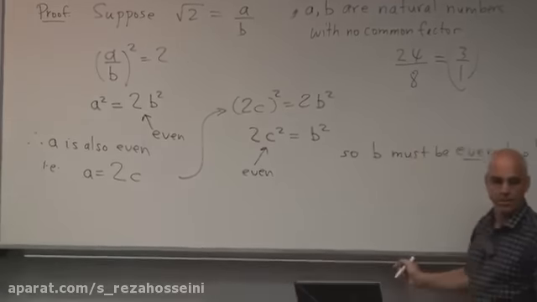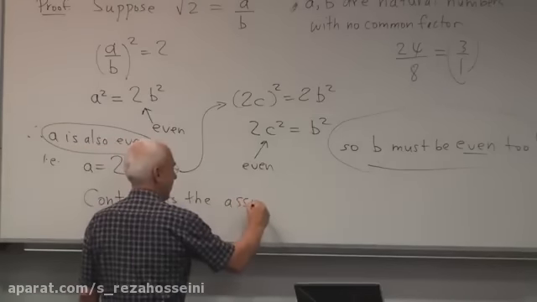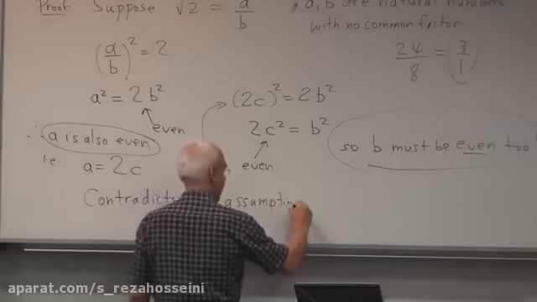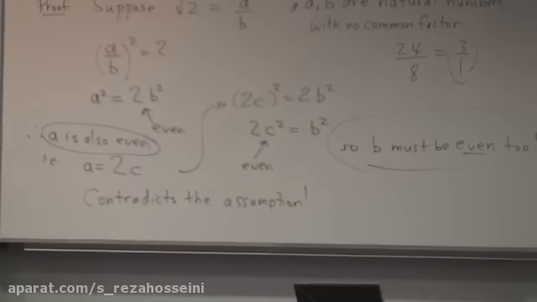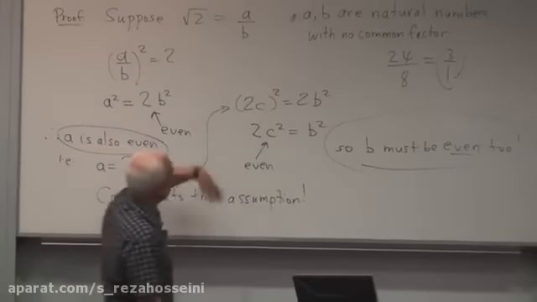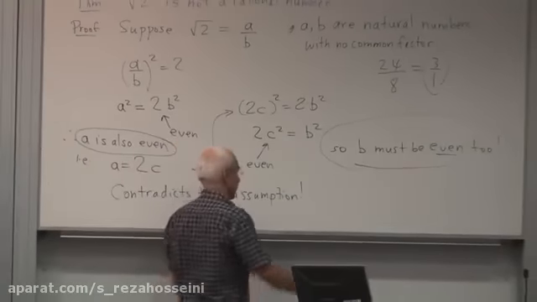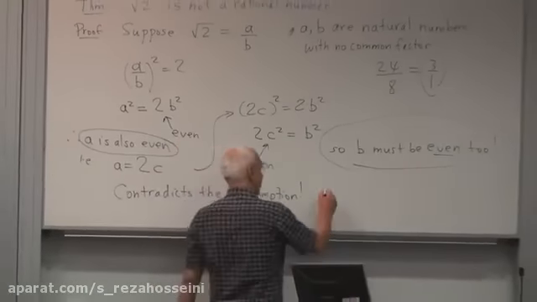This contradicts the assumption. And so our original setup is impossible, so therefore root 2 equals a over b is impossible.